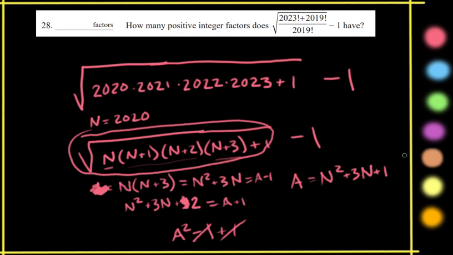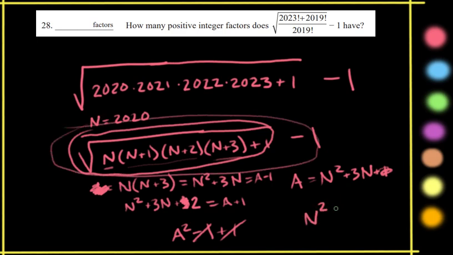And then I'm going to subtract 1, which is going to get rid of this. And so the whole thing is just going to be n squared plus 3n. Now I can plug back in my n. My n was 2020. So I have 2020 squared plus 6060, which is 3n. That is my number, and it wants to know how many positive integer factors that thing has.